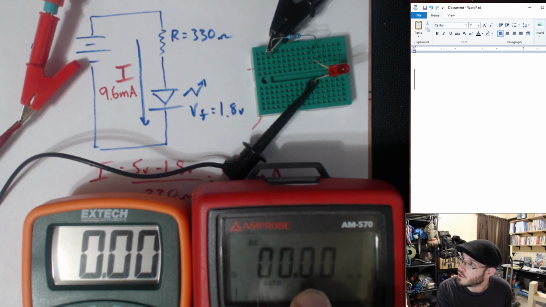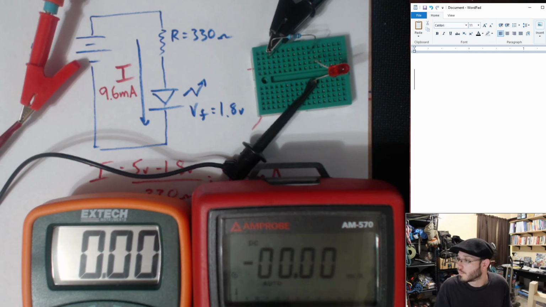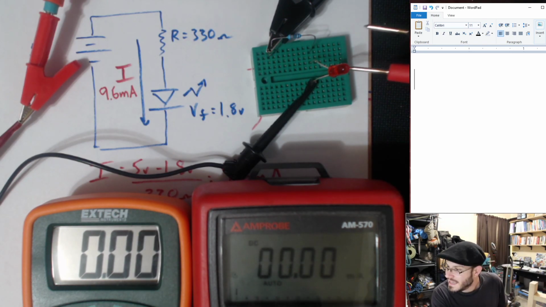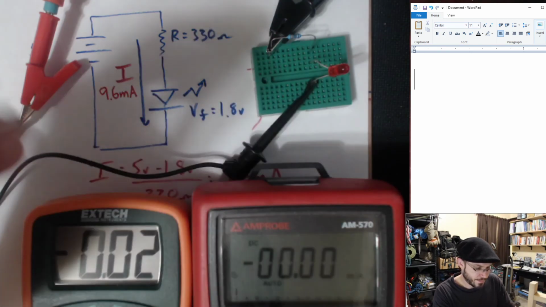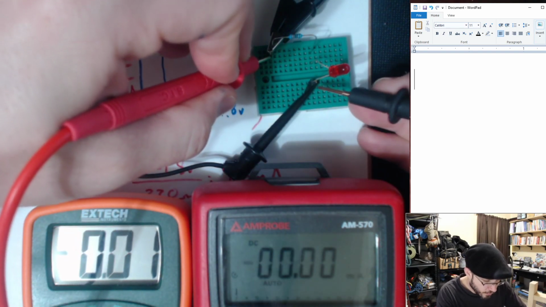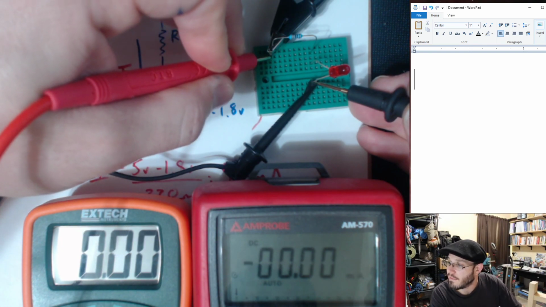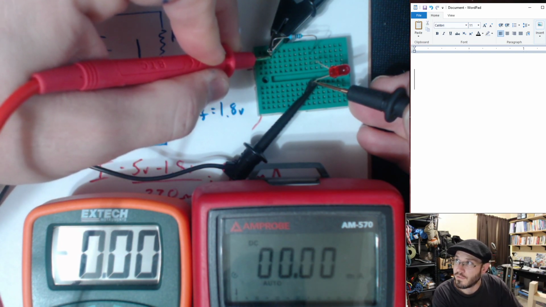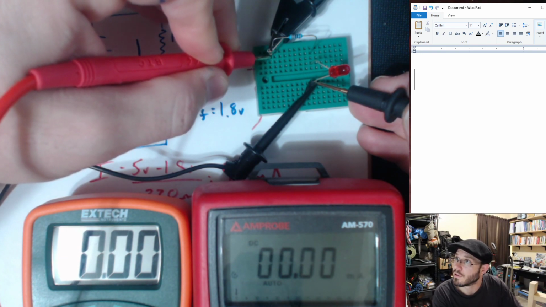Our multimeter measuring current tells us such. Why don't we have current flowing through this? Because the applied voltage has not exceeded the forward voltage. The forward voltage of this diode is 1.8 volts. We're at 1.27 volts, so we haven't exceeded the forward voltage, therefore it's not conducting. Therefore, we have 0 amps flowing through this.